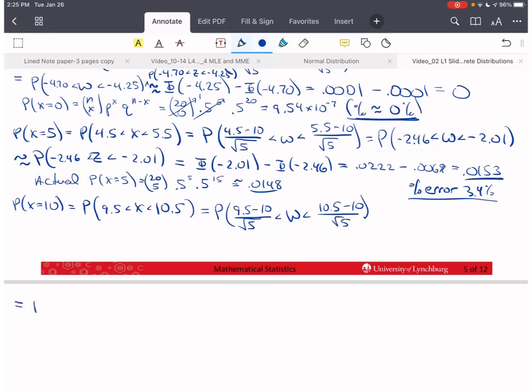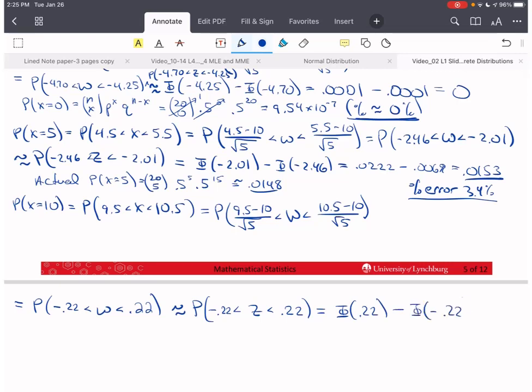And this is going to be the probability that W is between negative 0.22 and positive 0.22. We're going to use the standard normal to approximate that. So we have approximately Z is between negative 0.22 and positive 0.22. And this is equal to phi of 0.22 minus phi of negative 0.22.